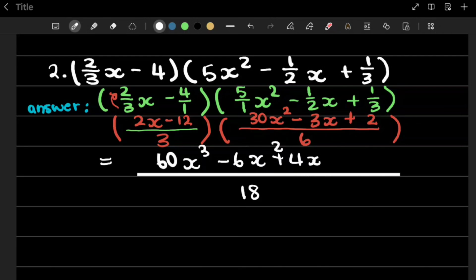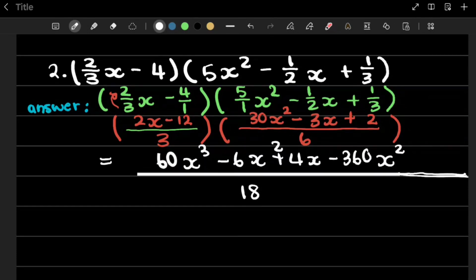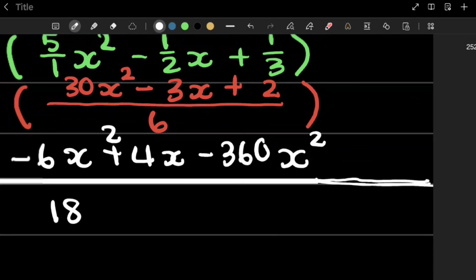The same thing with the next part, or the next term. Minus 12 multiplied by 30 will give us 360. So it's minus 360x cubed. Oh no, I'm running out of space. But it's fine, I'm just going to write that a little small.